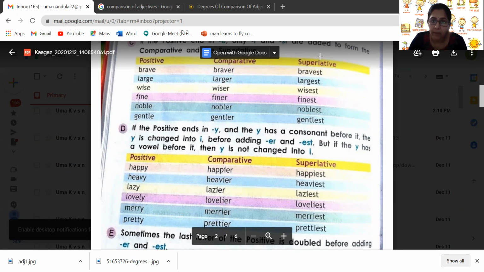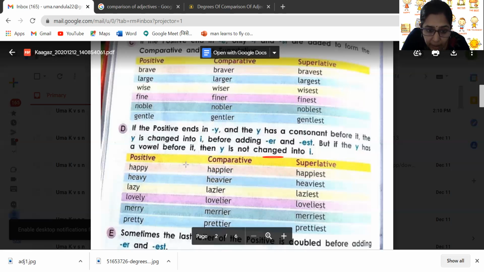Again, if the positive ends in Y and Y has a consonant before it, then the Y is changed into I before adding ER or EST. But if Y has a vowel before it, then Y is not changed into I, like plural and singular, masculine and feminine, which we learned. Let us see here.